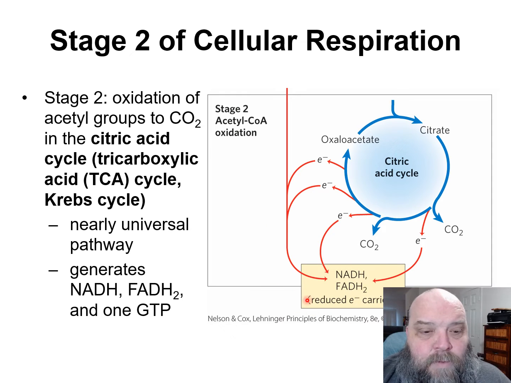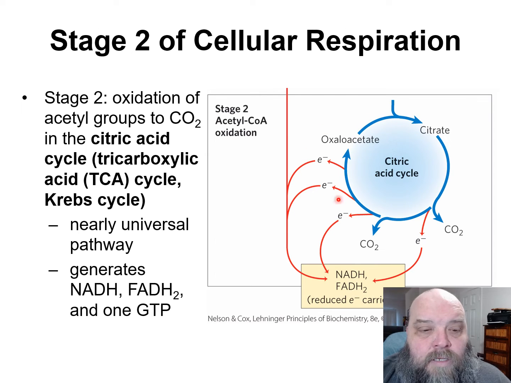And the big thing about the citric acid cycle is not the ATPs that are going to be made due to substrate level phosphorylation. It is the redox reactions, the harvesting of all of these excited electrons, which will be transferred over to NADH and FADH2, and then carried to the electron transport chain.